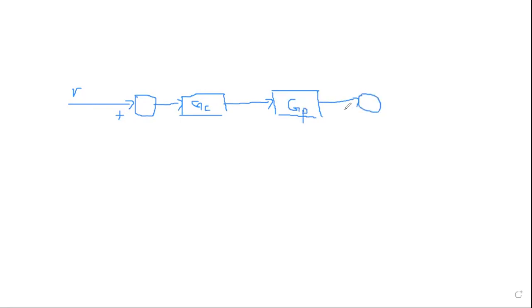So we add in the disturbance here, which we could call D. Then we can have the output as Y. To that we need to add another block, so we need to get the G from here.